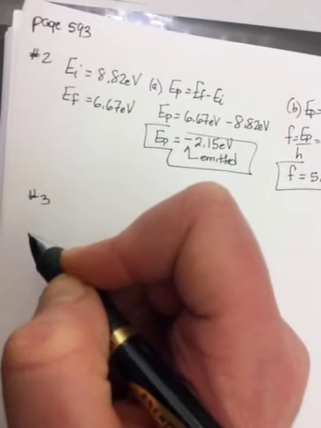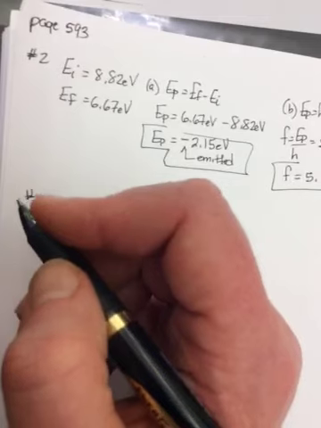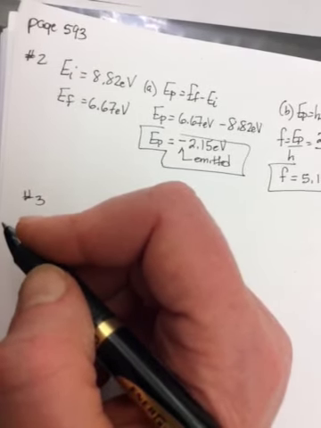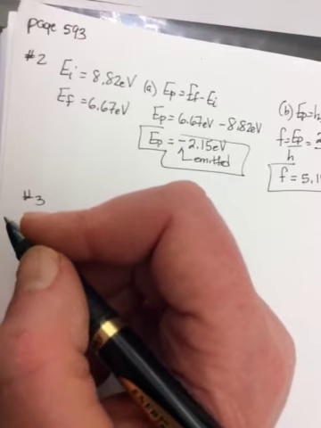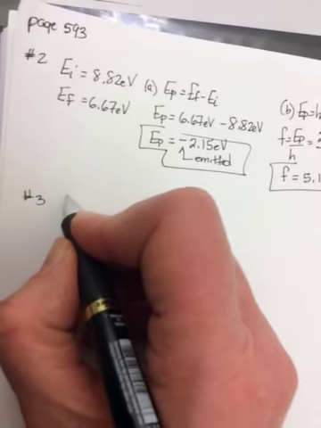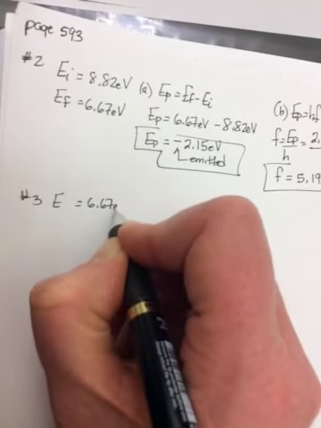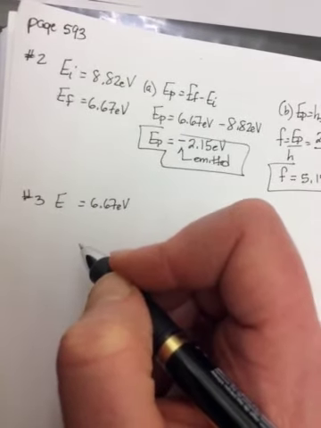Number 3, and it tells you now to use the chart. A mercury atom is in an excited state when its energy level is 6.67 electron volts above the ground state.